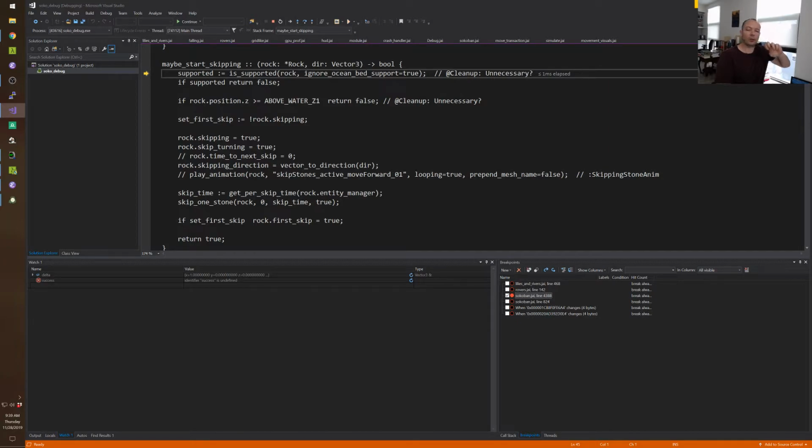What does skipping do other than the movement? Well, I don't know. It's probably about subtleties of visuals and audio later and just how the code is organized. Well, we're going to have maybe start skipping call start skipping.